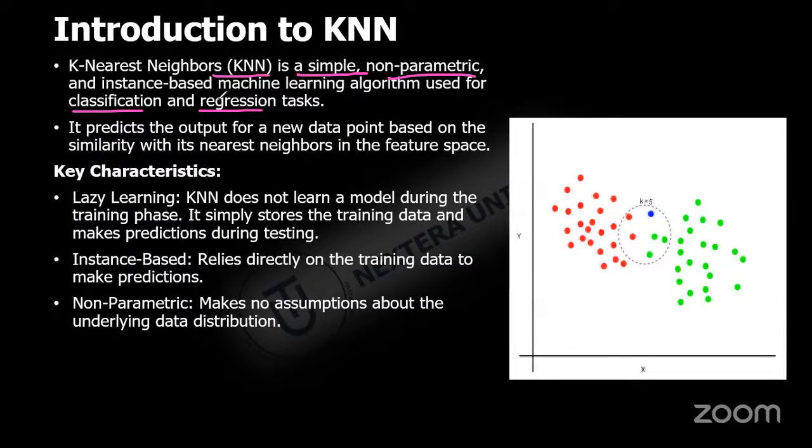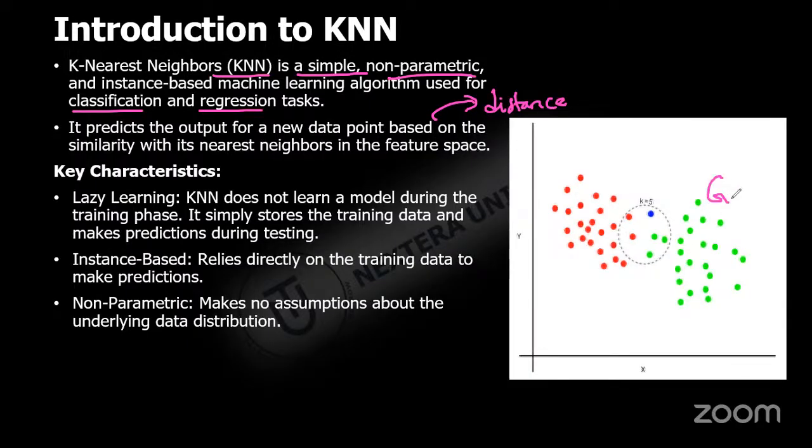But what exactly is the logic that KNN uses? It uses the concept of distance. Whenever there is a new data point and I want to assign a class, see, there are two classes.